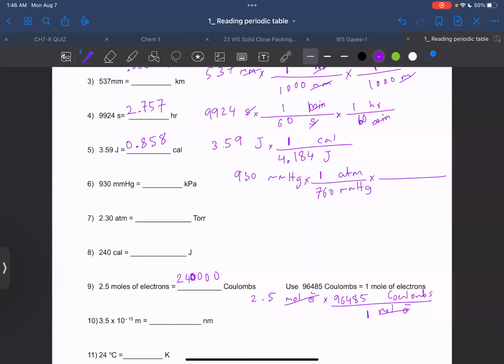And then we're going to do atm to kilopascal. Okay, again, units cancel out. I don't do that all the time, but it's a good habit to cross out the unit and double check that you are actually going to get the unit that you want.